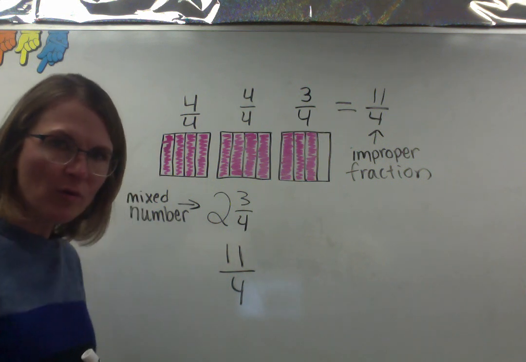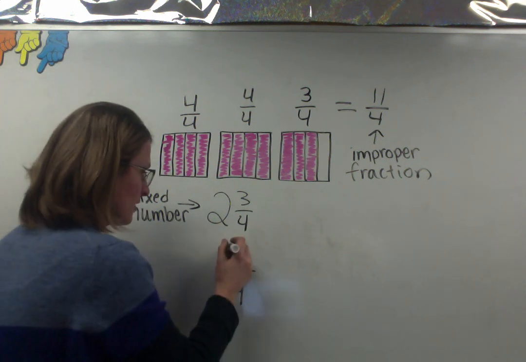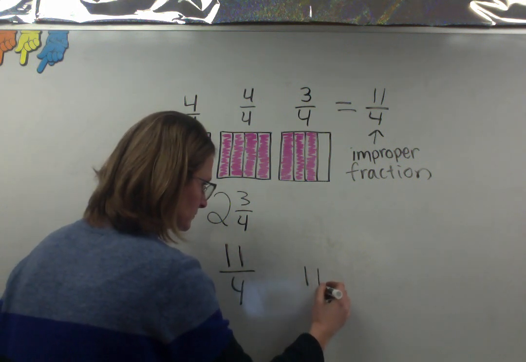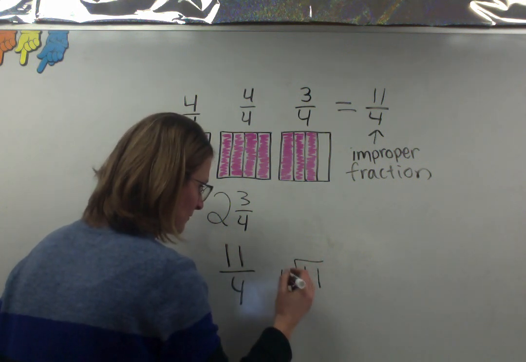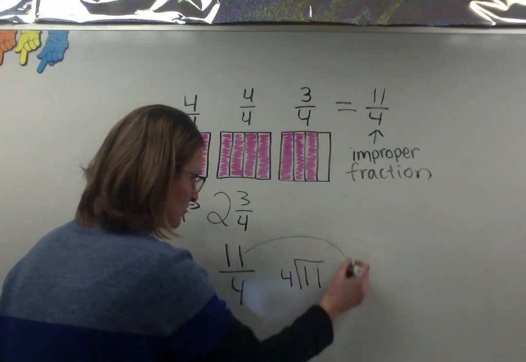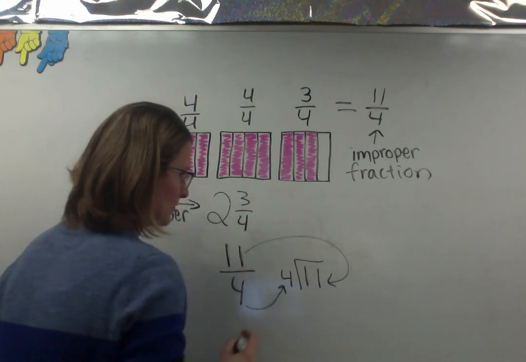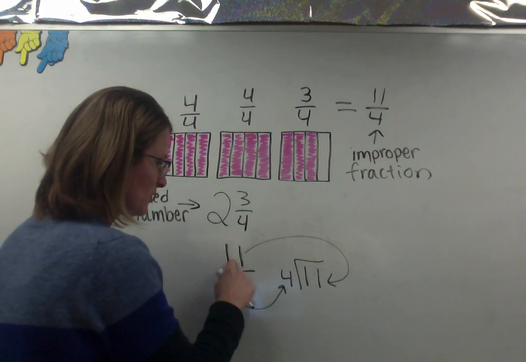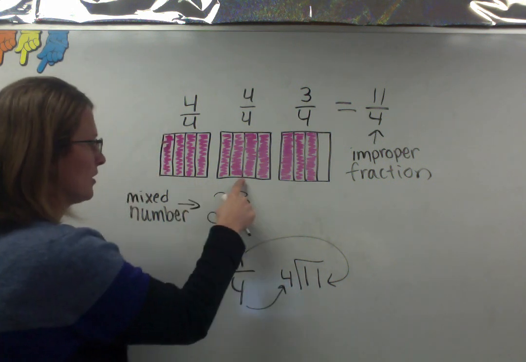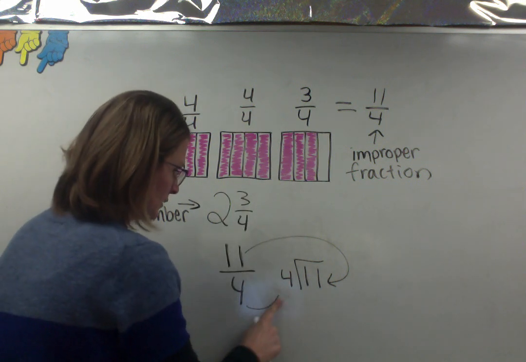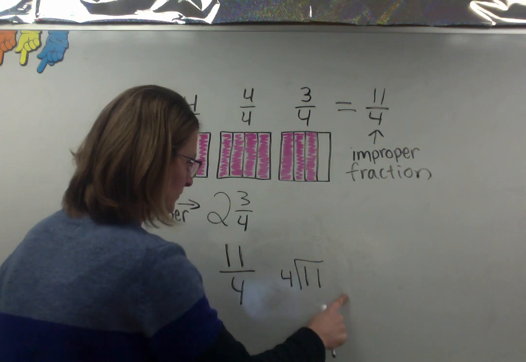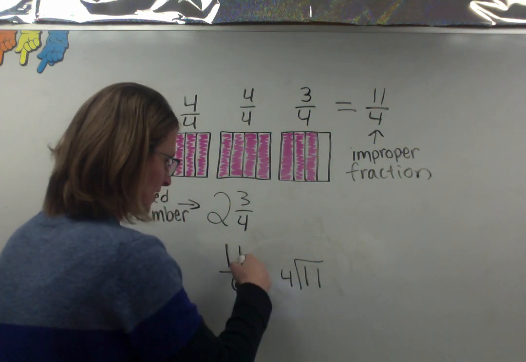How many wholes are there in 11/4? What you would do is you would take the top number and divide it by the bottom number, okay? So there's your top number, there's your bottom number. Because what you're doing is you're seeing how many groups of 4 you can make, because each group of 4 will be a whole. So if you want to turn an improper fraction to a mixed number, you say, okay, top divided by bottom.